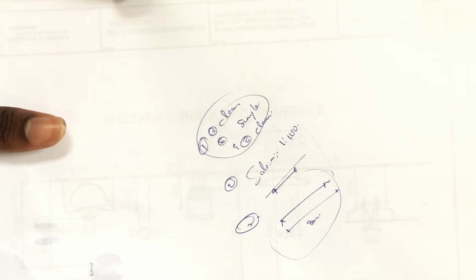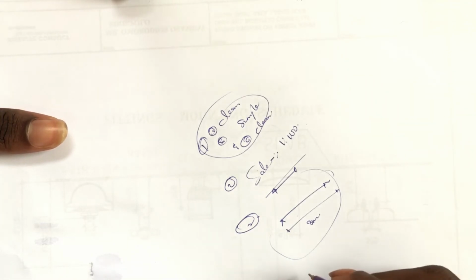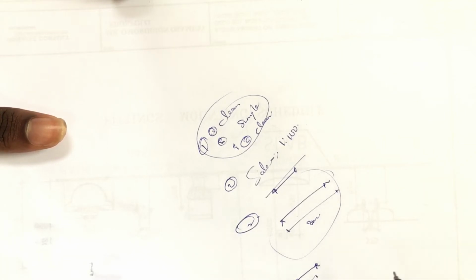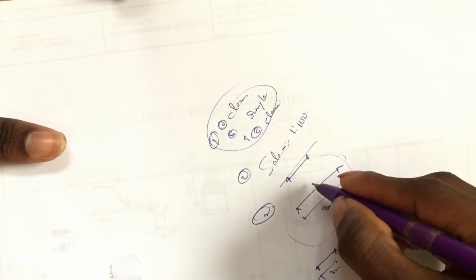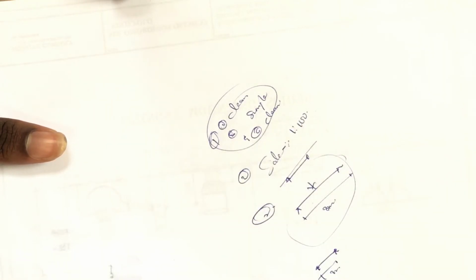You understand what I'm trying to say? By merely looking at your drawing I should understand it, so you do something like this and write 30 meters. It's not just working here, but it's still working here and something like that.